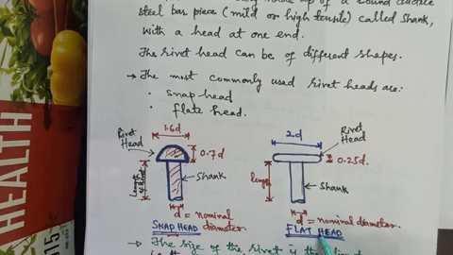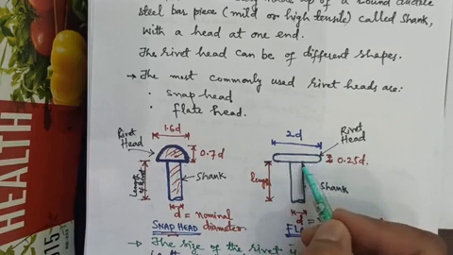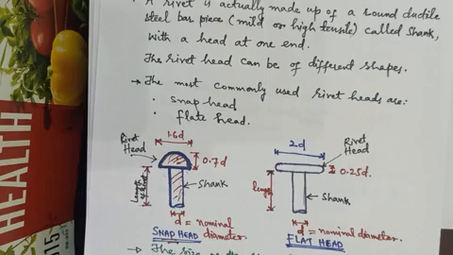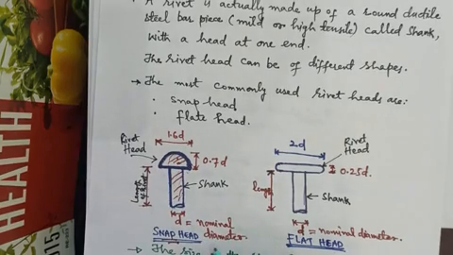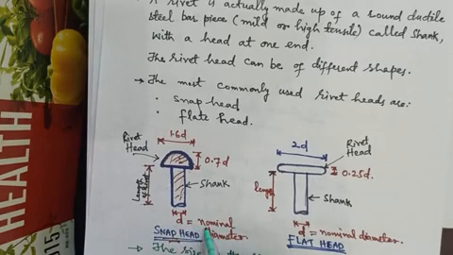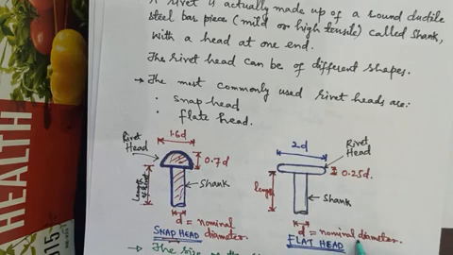Similarly, we have a flat head rivet. The shape of the head is like this, and we have the shank of circular section. So we have D equal to the nominal diameter, and in this case we also have D equal to the nominal diameter.